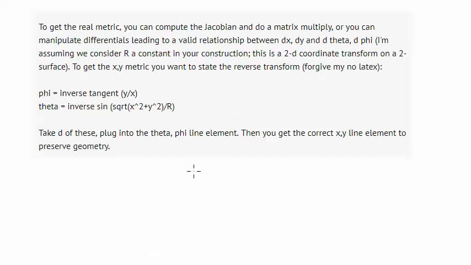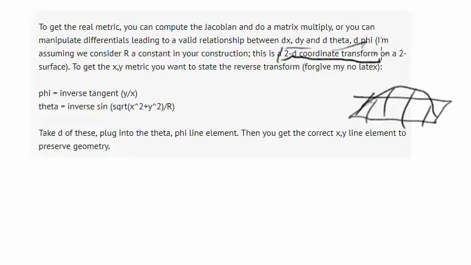Sure. And he's assuming that we consider r a constant in your construction. This is a 2D coordinate transform on a 2 surface. It's not though. It's a 2D coordinate transform from one surface to another surface. That's what it is. I think he got it right.